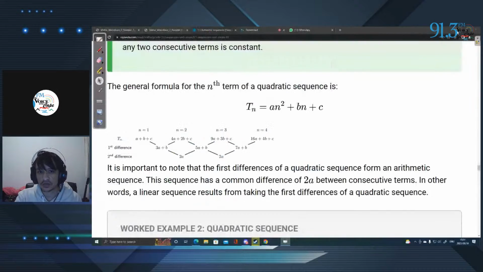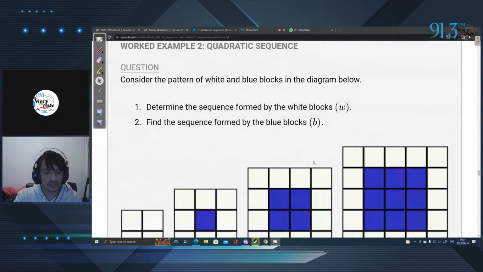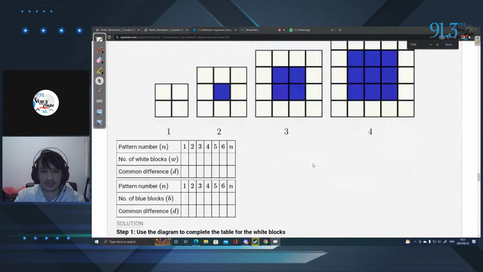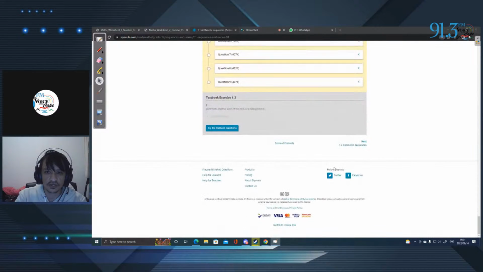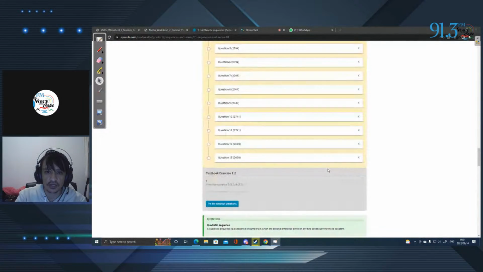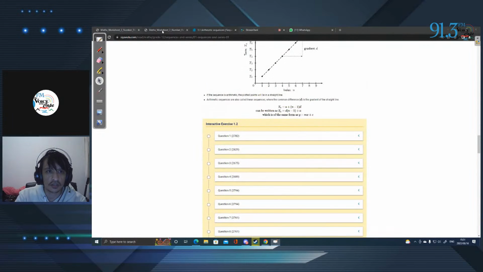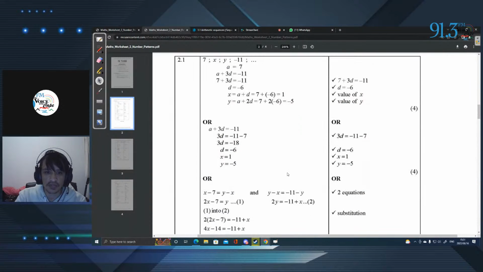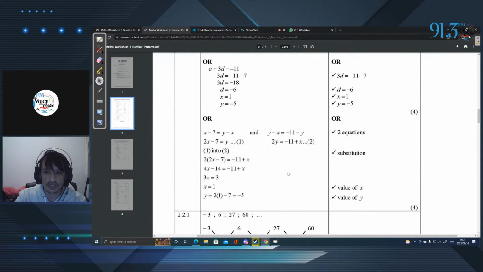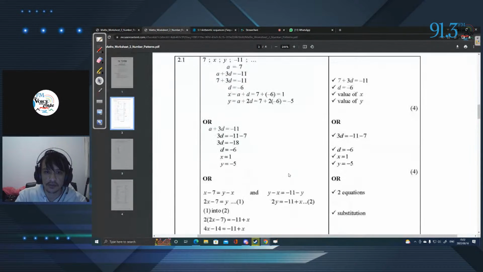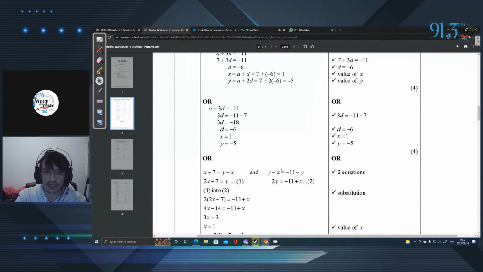Now, if we take a look over here, let me just zoom out and I'll show you where this appears. I just need to zoom out further. Sorry about that. Okay, so it's not showing here, but what I'll do is I'll pull up the memo and we can just compare it quickly. We can see that we derived our values correctly.